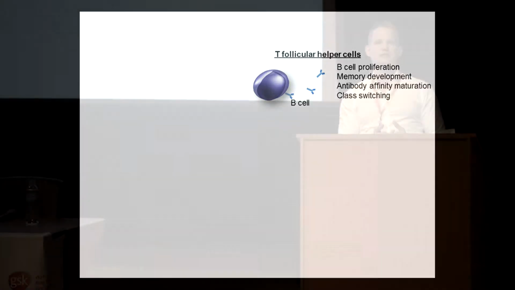In the absence of those responses, we have a very dysfunctional immune system and a lack of good humoral responses. And those humans that have a genetic defect in this interaction are always getting extremely sick.